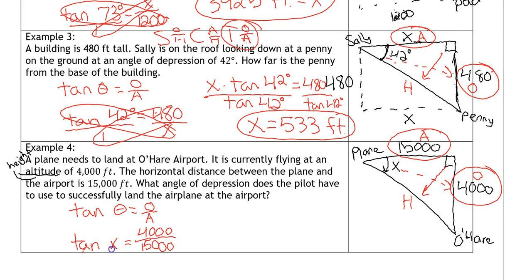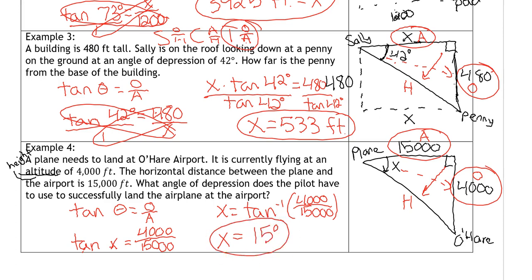When x is the angle, we don't cross multiply. I just say x equals the inverse tangent of 4,000 over 15,000. And then we can use our calculator. The inverse tangent of 4,000 divided by 15,000 is 14.9. Let's round to 15 degrees. So it has to use an angle of 15 degrees.